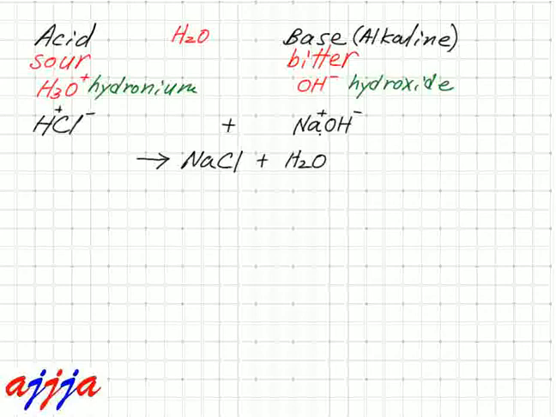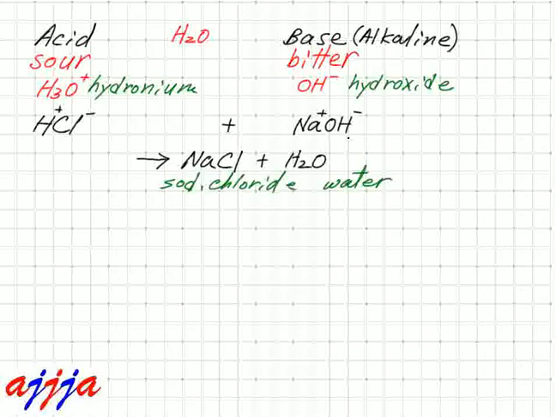Hydrochloric acid can be poisonous. NaOH, which is sodium hydroxide, is poisonous. Now put them together, and this is simply NaCl, sodium chloride, which is a salt. We eat this every day, that's why we call it table salt.